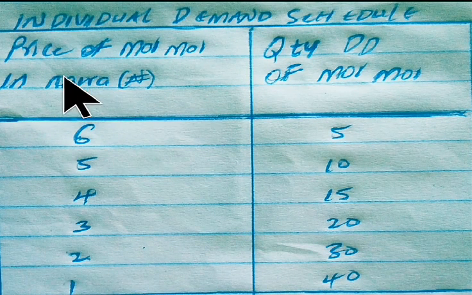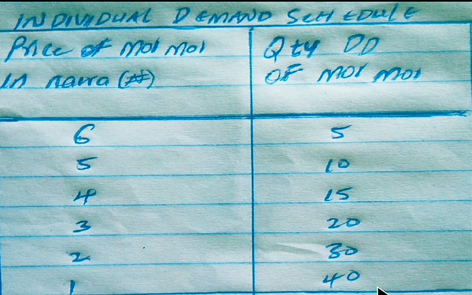The table here shows the individual demand schedule. We have two columns here, column 1, column 2. This one is the price of moi moi in naira, and this is the quantity demanded of moi moi. This is the price, 6 naira, 5 naira, 4 naira, till 1 naira, showing that the price is falling, while quantity is what?